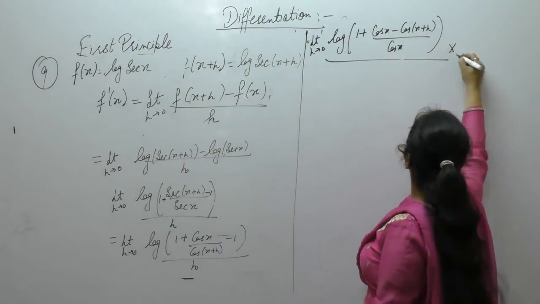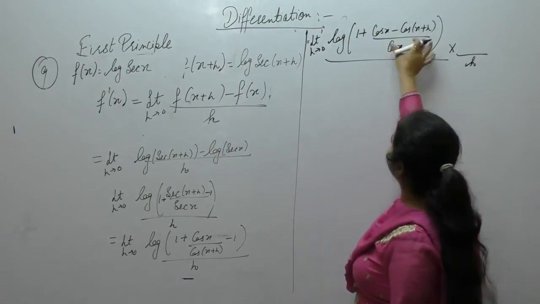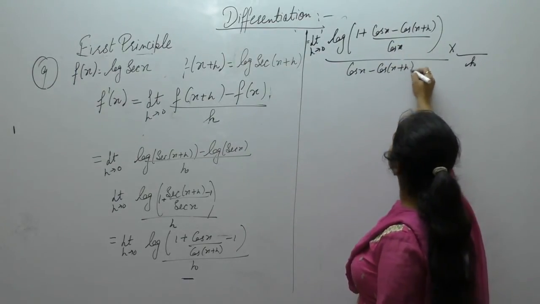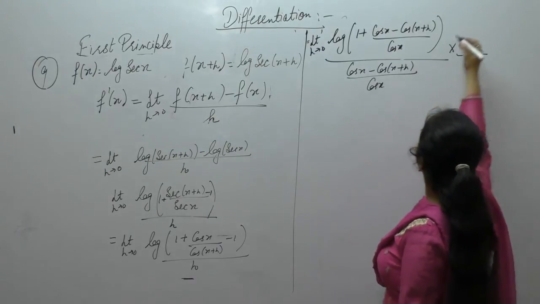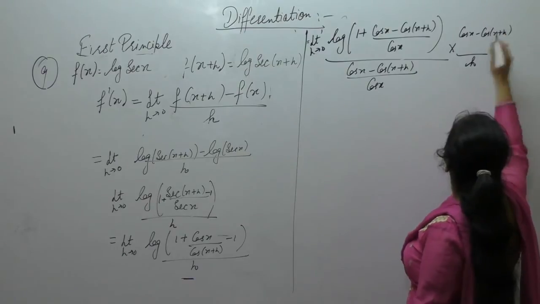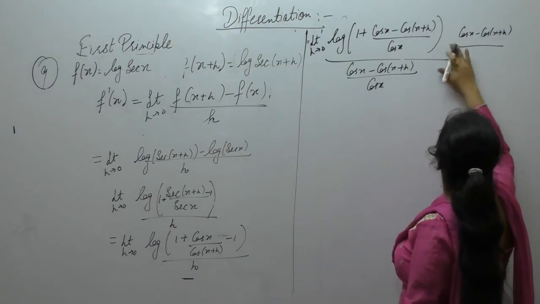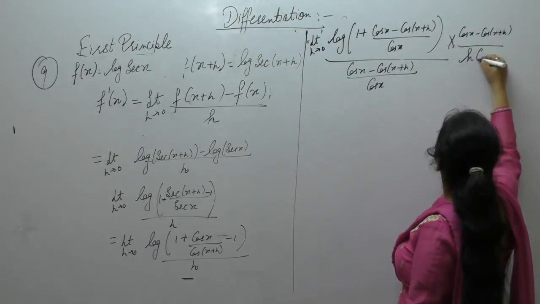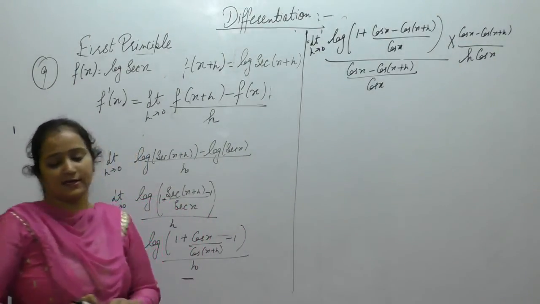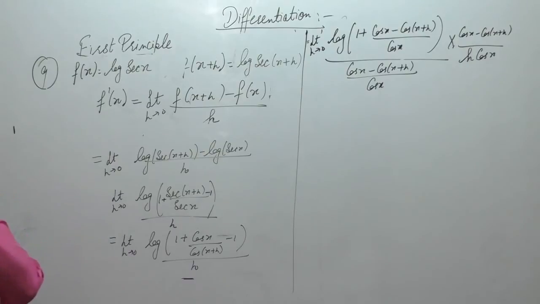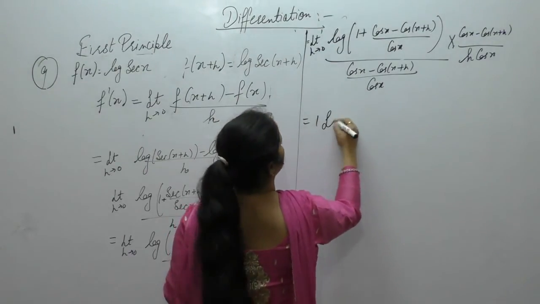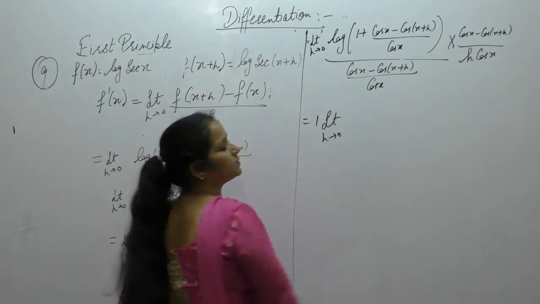So we have to multiply and divide by this term, cos x minus cos x plus h upon cos of x, cos x minus cos x plus h upon h into cos of x. Now log 1 plus x upon x is equal to 1. So 1 into limit h tends to 0.